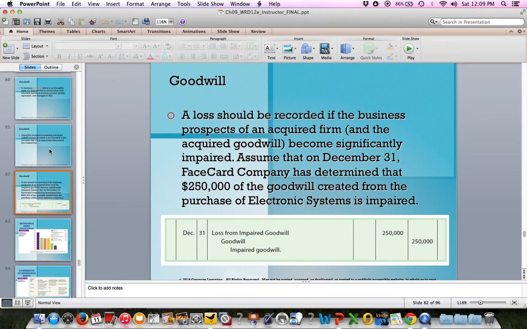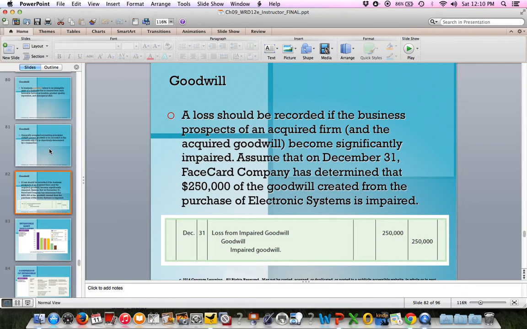So let's just say we do have goodwill on the books. Okay, so basically we bought another business and now we have some goodwill. You can typically measure goodwill when you go out and buy another business. And what you have to do then, once you have goodwill, is an annual impairment test. And you determine if this goodwill still has value.